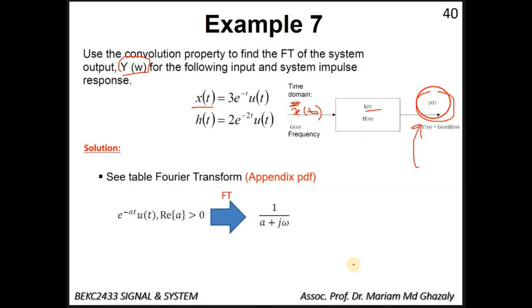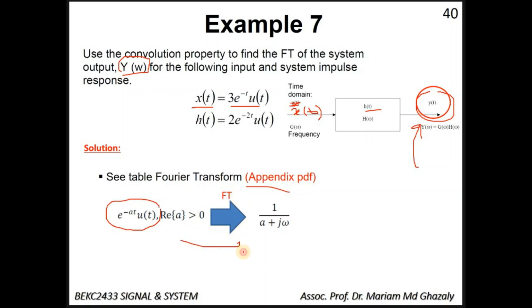In order to use the convolution in the Fourier transform, you can refer to the Fourier transform appendix. Under the Fourier transform properties, you have the pair in terms of exponential. We look at this example: e to the power of minus a t, u(t). In the appendix, you have e^(-at) u(t), where a is a real value and must be more than 0.